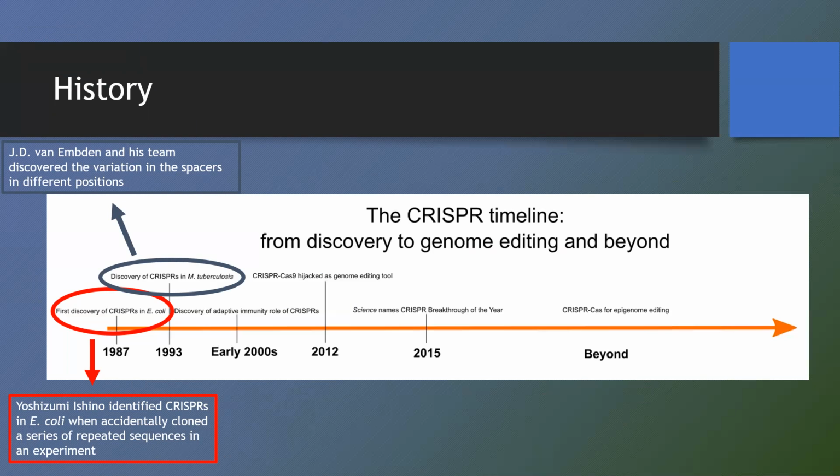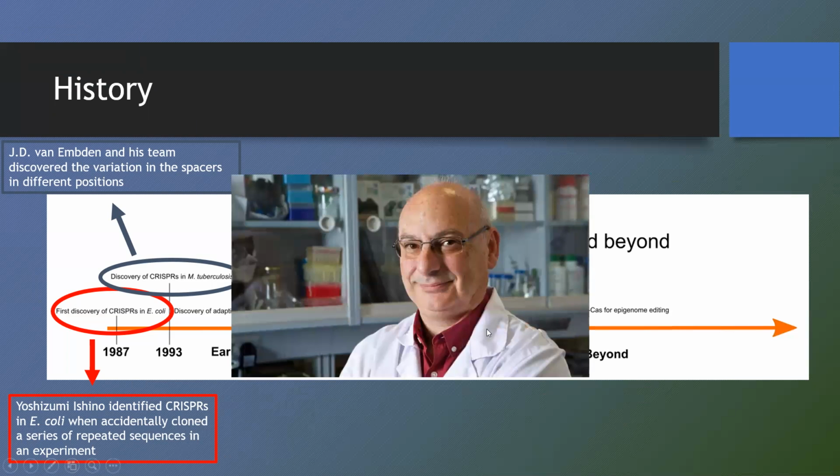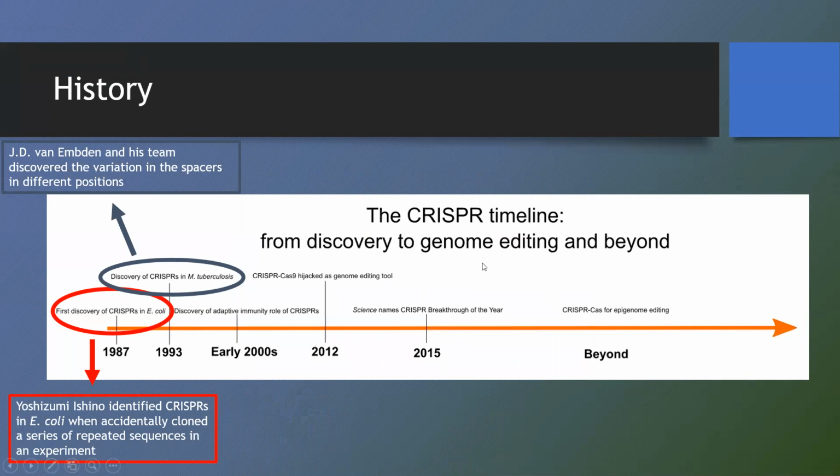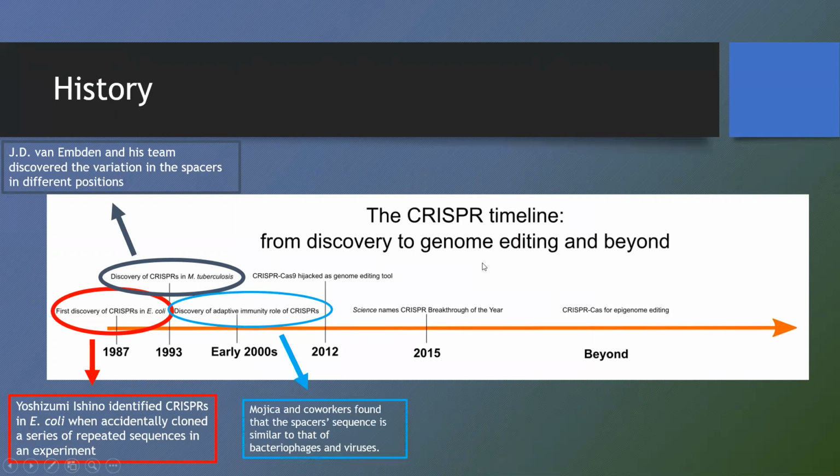Around the same period, Francisco Mojica, the knowledgeable man over here, named this characteristic CRISPR. In the early 2000s, Mojica and co-worker Rodolphe Jansen found that the spacer sequences are similar to sequences found in bacteriophages, viruses, and plasmids, which was a groundbreaking discovery.